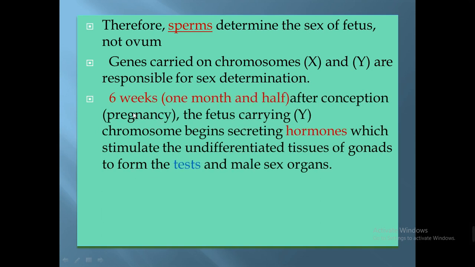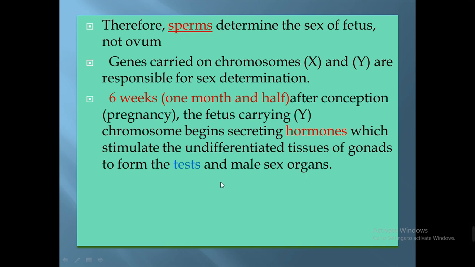After 6 weeks from pregnancy, which means 1 month and a half, the fetus will begin secreting hormones which stimulate the undifferentiated tissues of the gonads to form the testes and male sex organs. This means that after 6 weeks, the pregnant woman can know whether she's pregnant with a male or female because the testis begins to form.